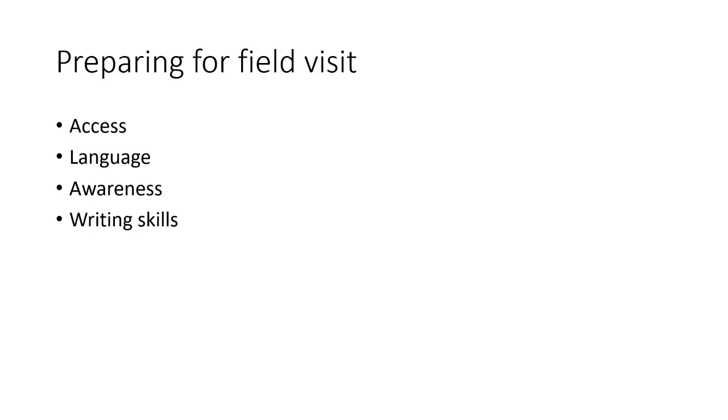The next one is writing skills. This is probably one of the most important aspects of field visit. A researcher needs to have the ability to collect and record details while they are on the field. So that will involve good writing skills where the observations and the data collection can be well and structurally recorded.